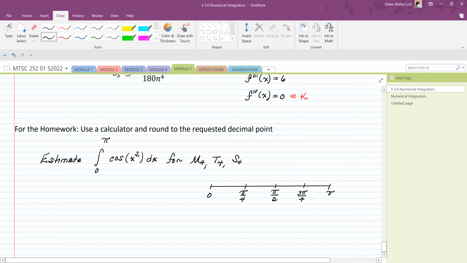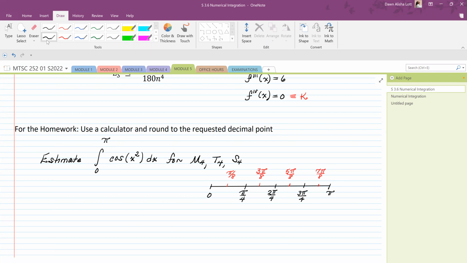For your midpoint rule, you'd have to use pi over 8, 3 pi over 8, 5 pi over 8, and 7 pi over 8. So for your midpoint rule, you'd use the ones in red.